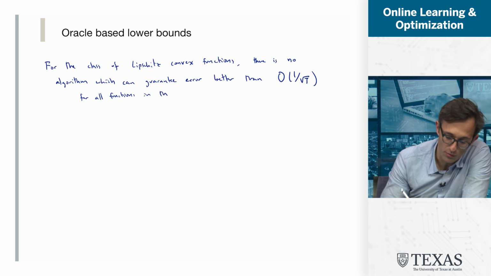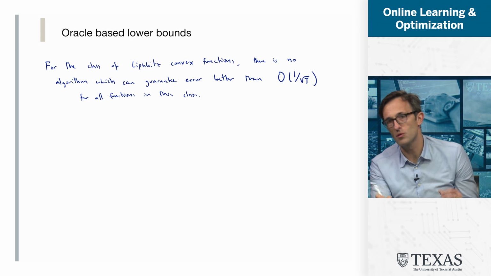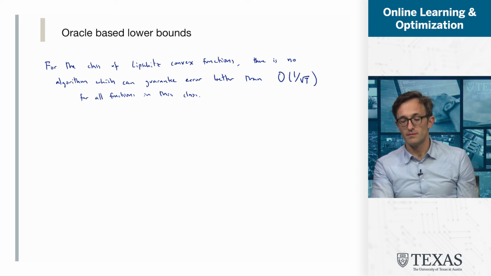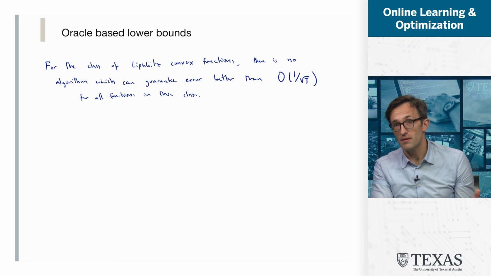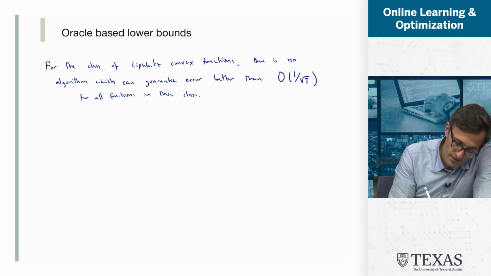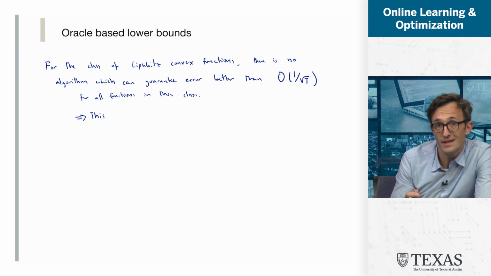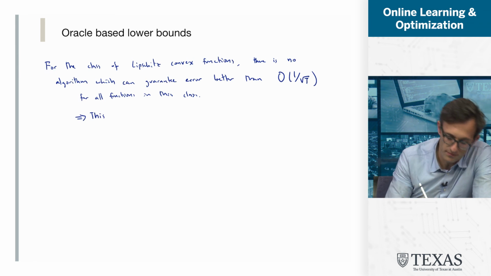In other words, in the worst case. So let's compare this to what we had. This is actually great news. This tells us that the subgradient method is, in this sense, unimprovable.